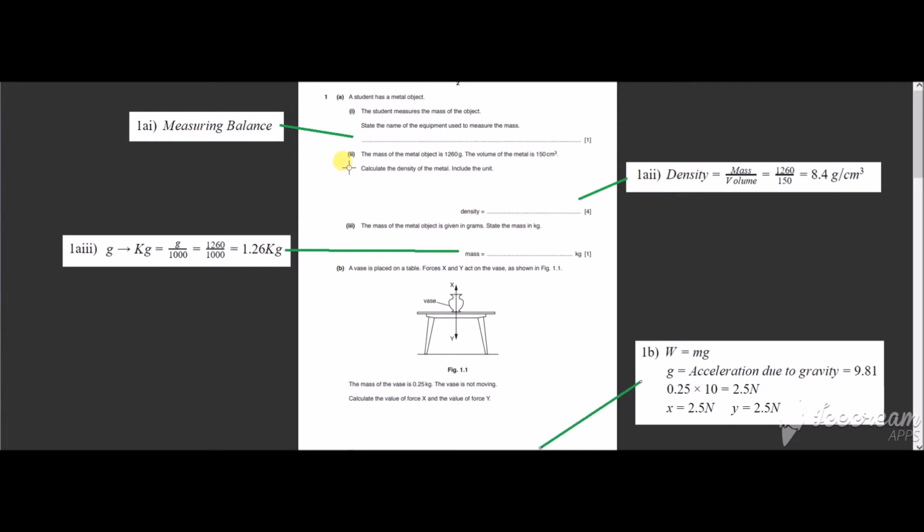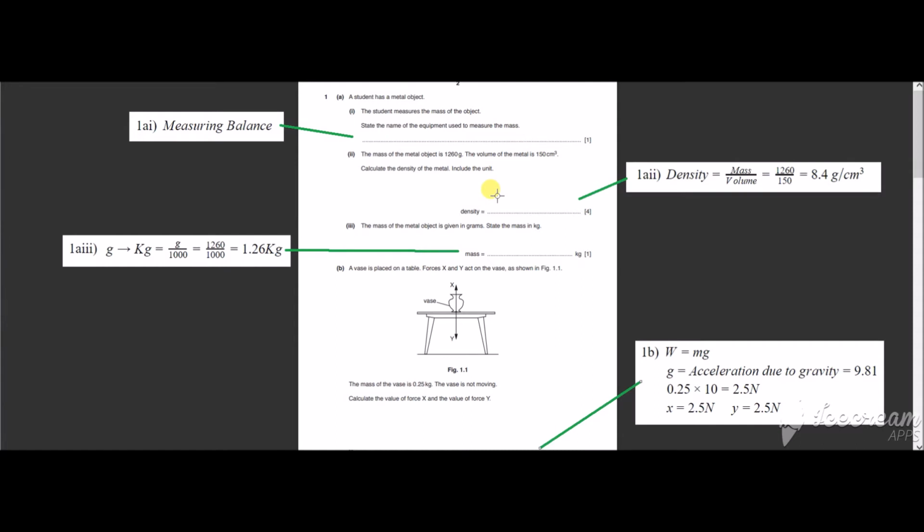Part 2. The mass of the metal object is 1260 grams. The volume of the metal is 150 centimeter cube. Calculate the density of the metal, include the unit. So we have the mass, that is 1260 grams. We have the volume, that is 150 centimeter cube, and they're asking us to find the density.